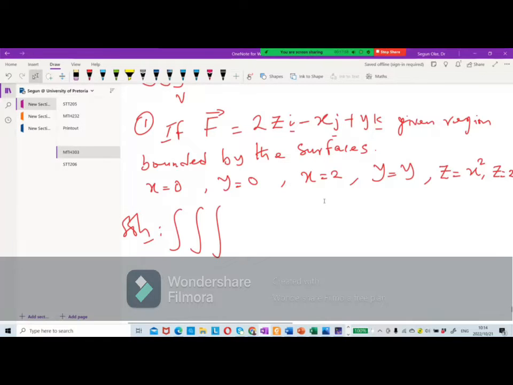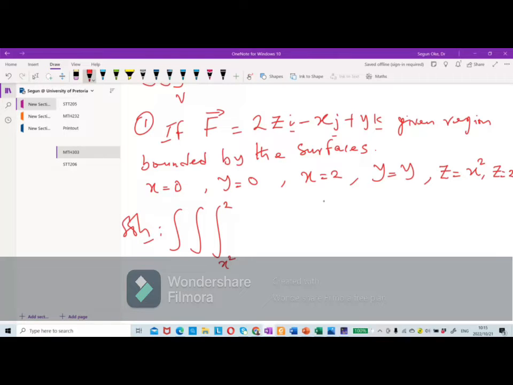Here I have x squared to 2, upper limit minus lower limit, followed by the x. Remember, z is equal to x squared, right?